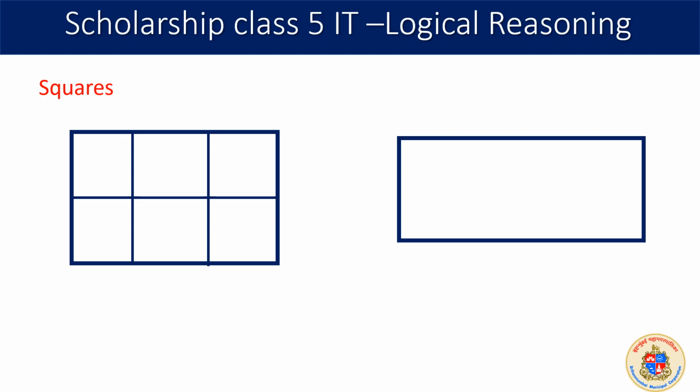But we know that there are 6 squares in front of us. Then more squares are possible here. The 7th one is there. This makes another, so 8 are there.